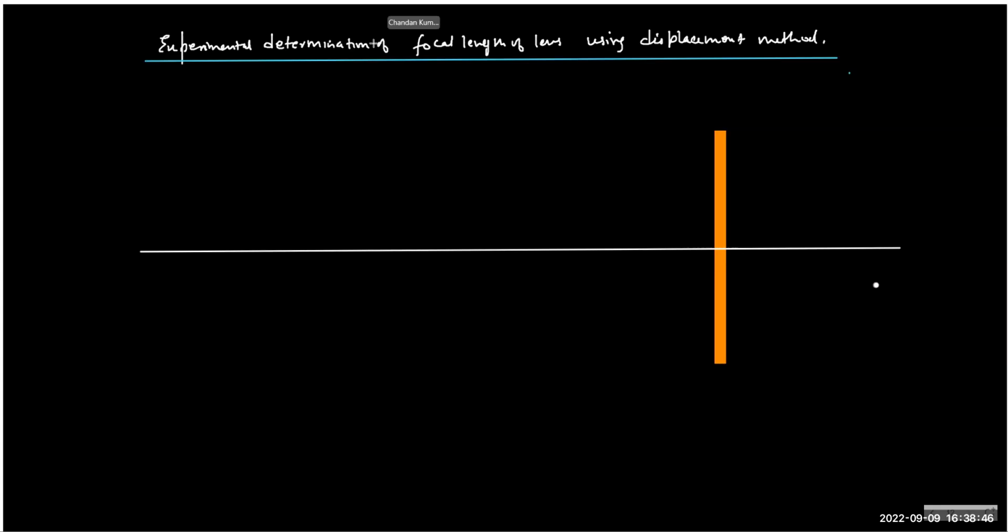Let's say we have a candle. So we have a candle. Okay. So we have a screen.